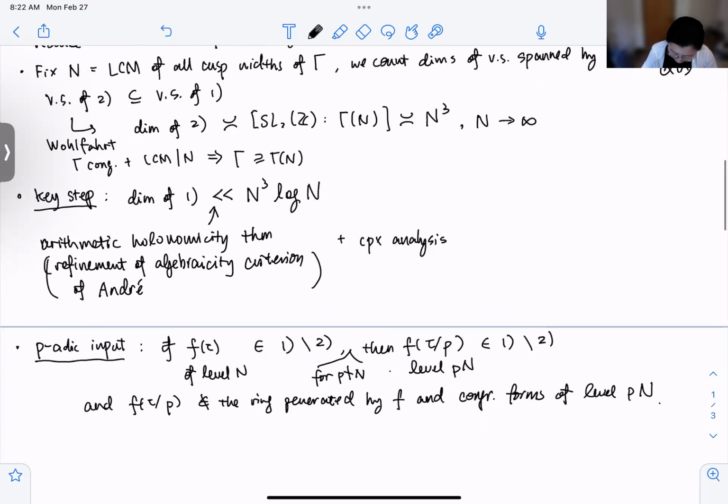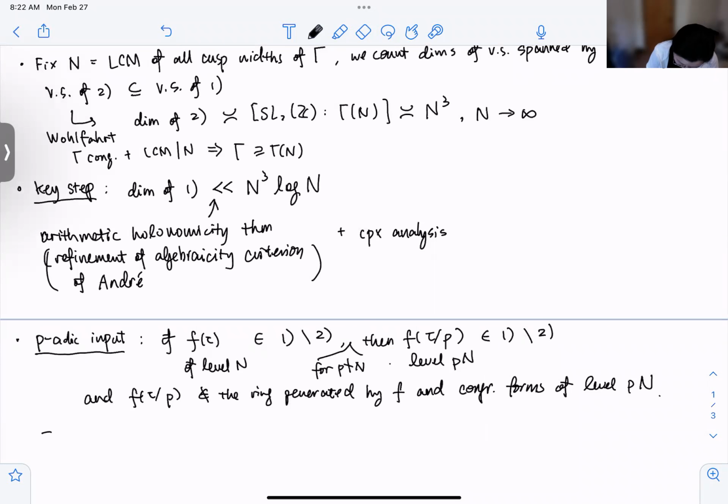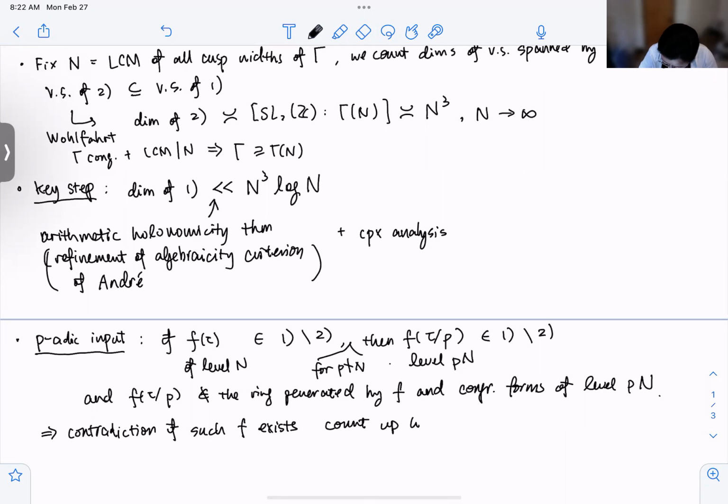And this will imply a contradiction if such F exists, because we can count, say, up to level m equal to n times the product of p up to a very large number, p not dividing n.